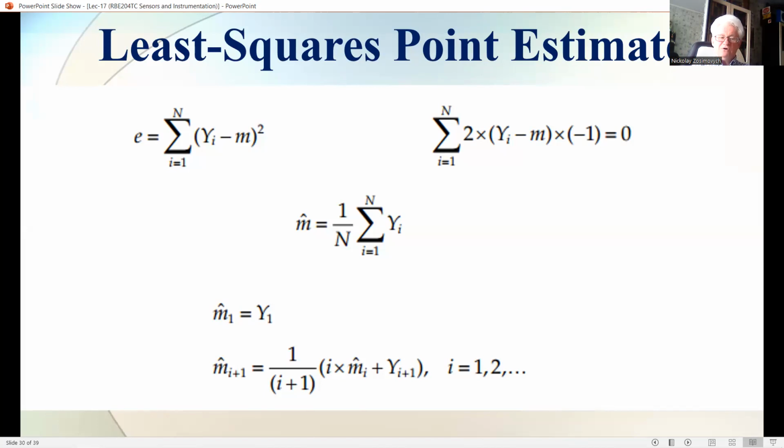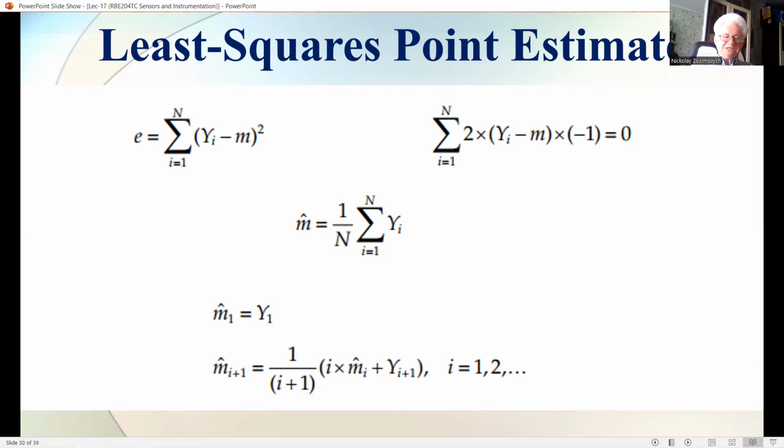Suppose that the value of a constant parameter, like mass, is to be estimated by using data from several repeated measurements. A reasonable estimate of the parameter would be the average value of the data set or batch. It can be shown that this is also the optimal estimate in the sense of least squares.